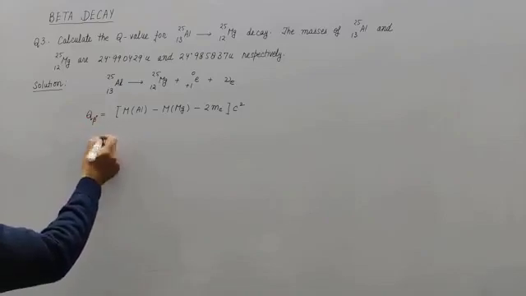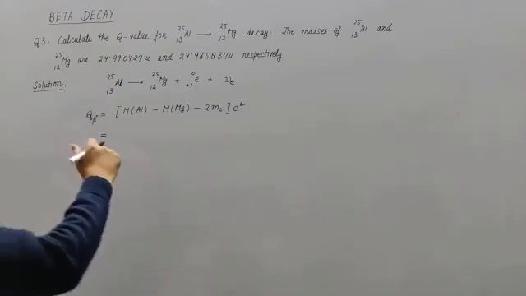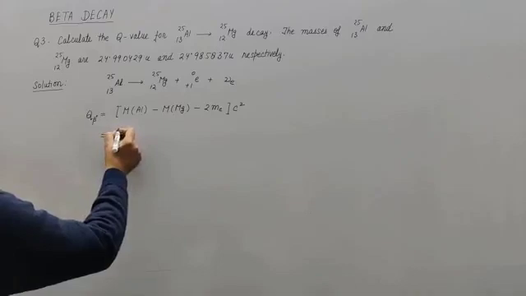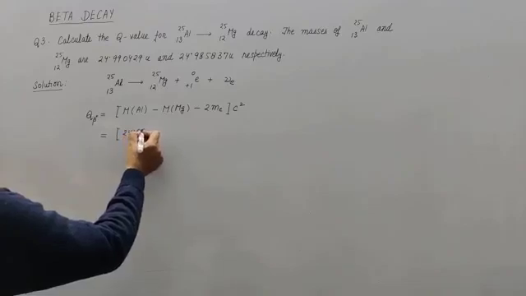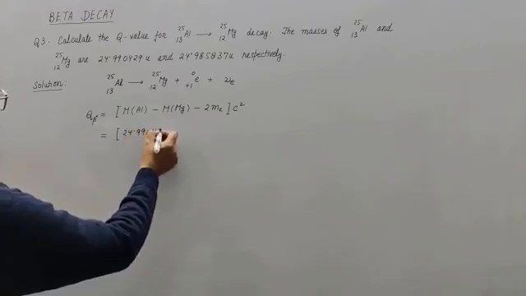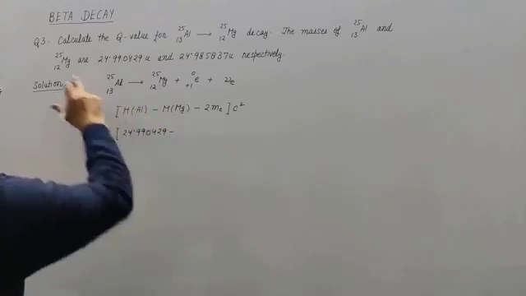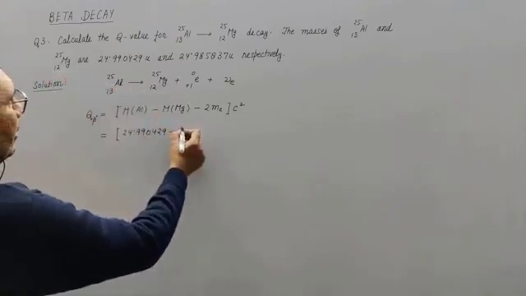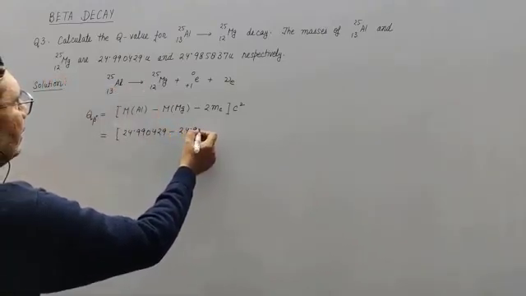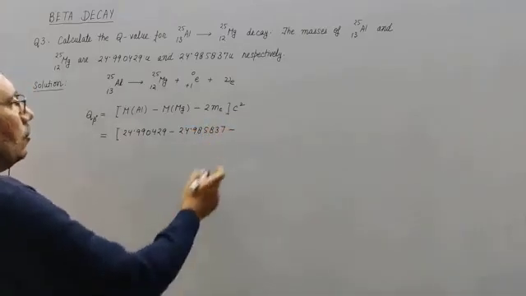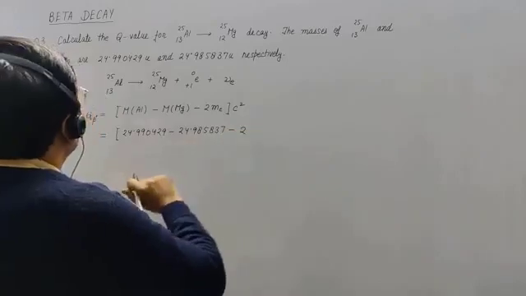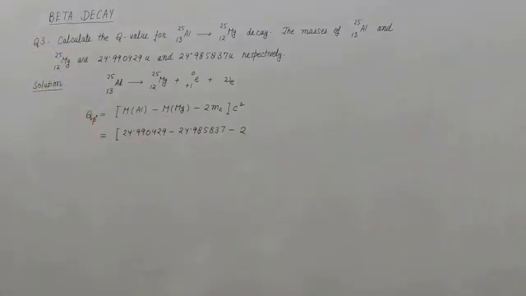Now substitute these values. All the masses are given here in AMU. So the mass of 13 aluminium 25 is 24.990429, minus the mass of this Mg nuclei, 24.985837, minus 2 times the mass of the electron. What is the value of the mass of the electron?